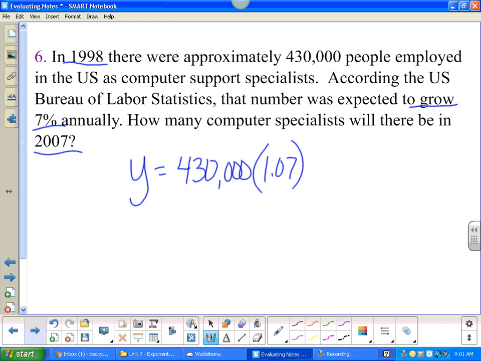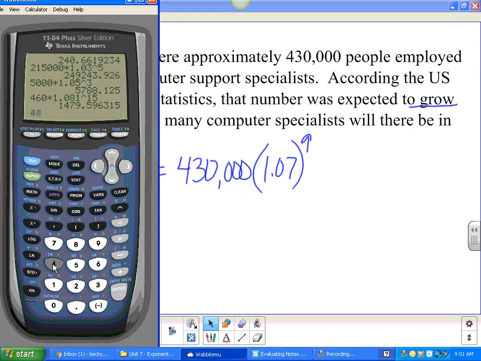And if you can't do that in your head, then you just subtract 2007 minus 1998 to get your time. Sorry. So then I take 430,000 times 1.07 to the 9.